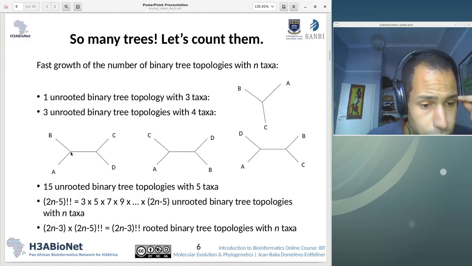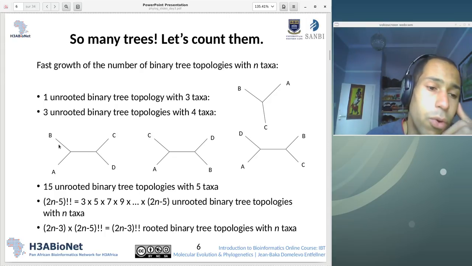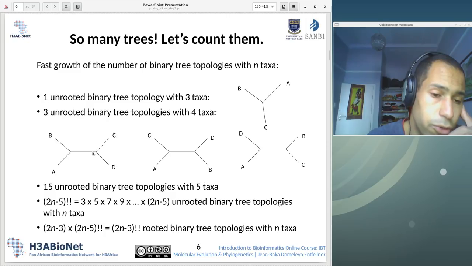There is no longer any reason, once you have removed B, to keep as separate branches this one and this one, right? So once you have pruned B, you are left with the phylogeny that links A, C, and D, and that is the only binary tree topology linking A, C, and D. And similar to here, okay?